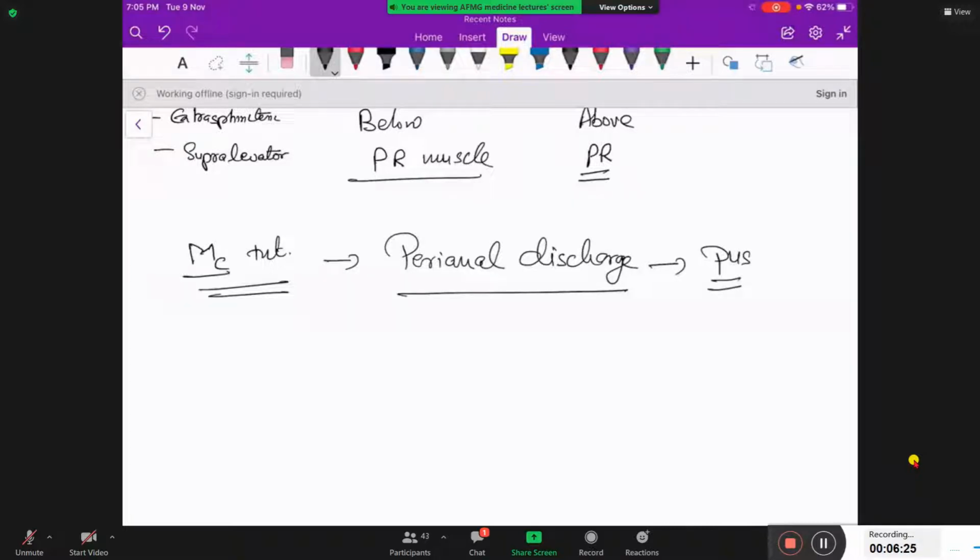Patient can also present with pain in the anal region, and the patient will also have constipation.